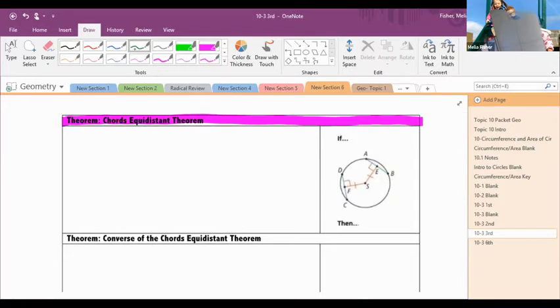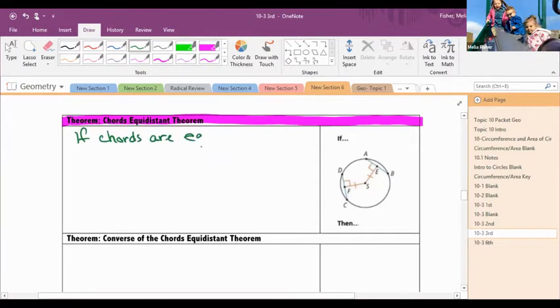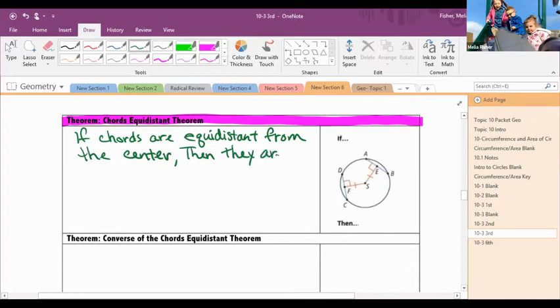Okay, if chords are equidistant from the center, then they are congruent.